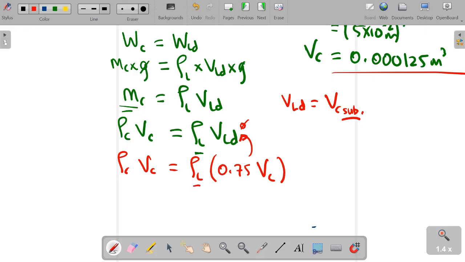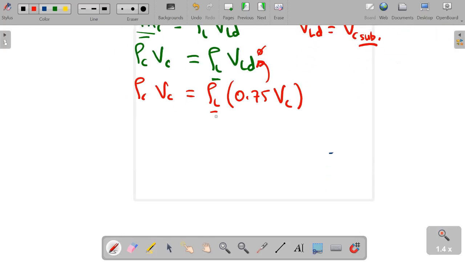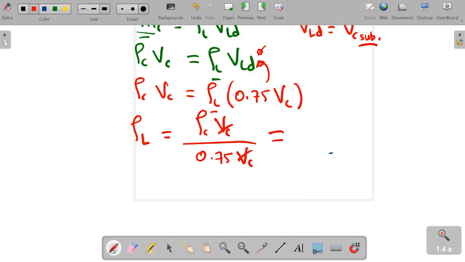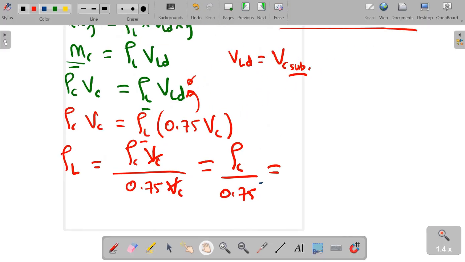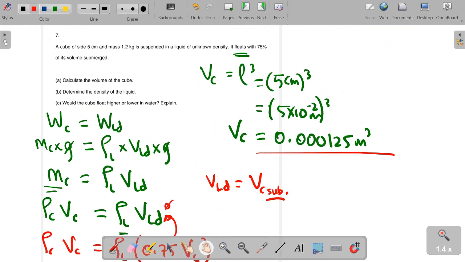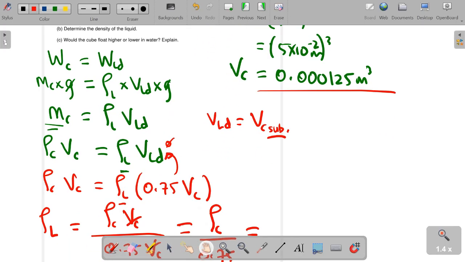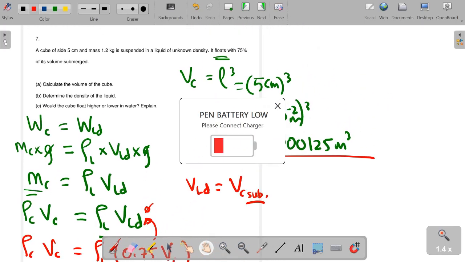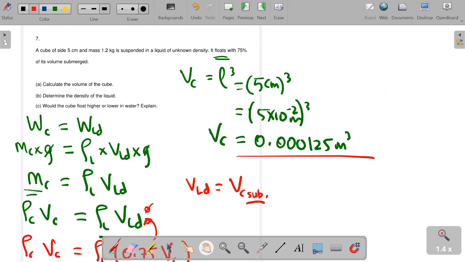All right, let's make the density of the liquid the subject of the formula. Density of liquid is equal to density of cube times volume of cube divided by 0.75 times volume of cube. So this and that can cancel. You get density of the cube divided by 0.75. Do we know the density of the cube? We can actually find it.